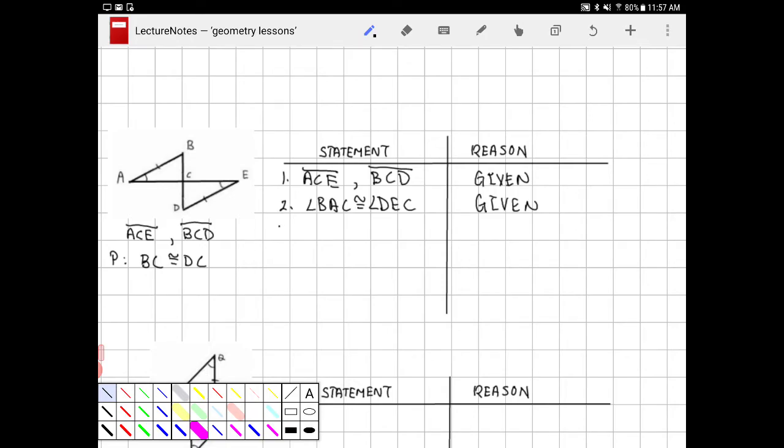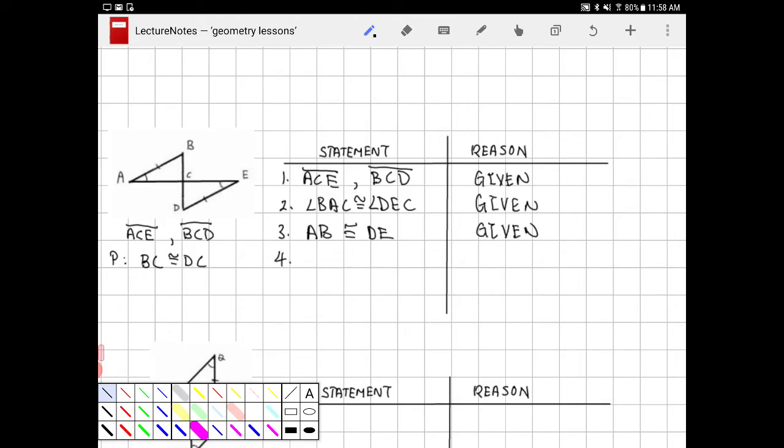I also forgot to state that side AB is congruent to side DE. And again, this is also because of a given.